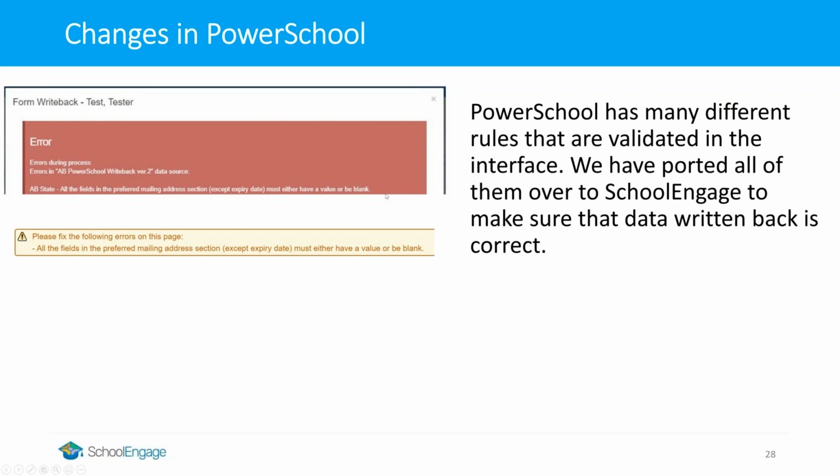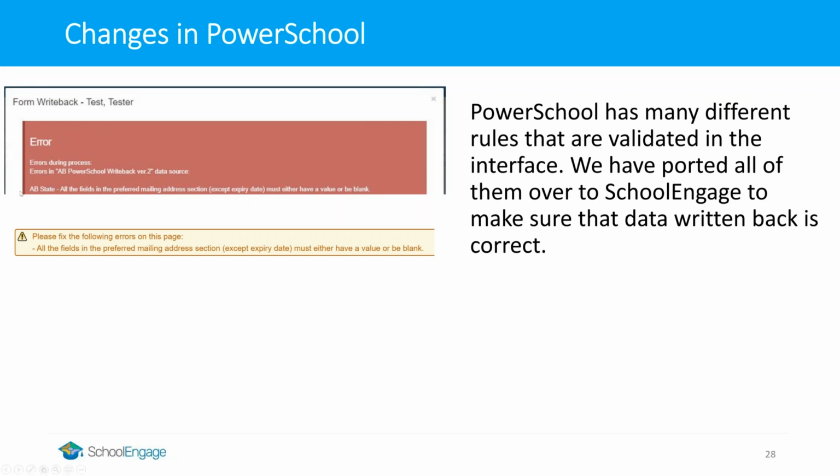I know that one really common piece of feedback we got is that the error page on writeback was very daunting. It was sometimes raw code that was maybe intimidating for people who aren't familiar with programming. So as part of this change, we went through and tried to make as many of the errors as user readable as possible.